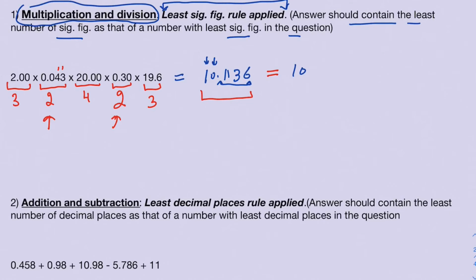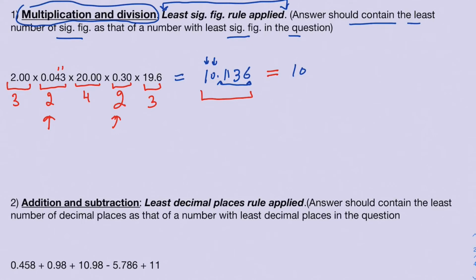Think about this. If you buy something for $10.11, for example, for the most part, you're just going to say it's $10. That's how you're going to be using the sig fig rules. If you buy something for $10 and 60 cents, there's a likelihood that you will round that up to $11.